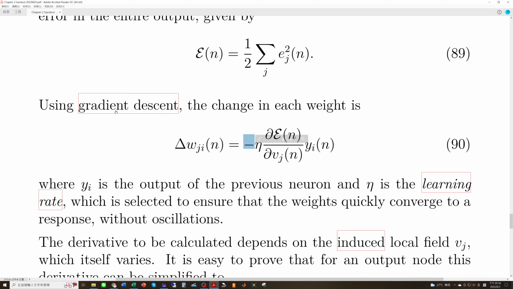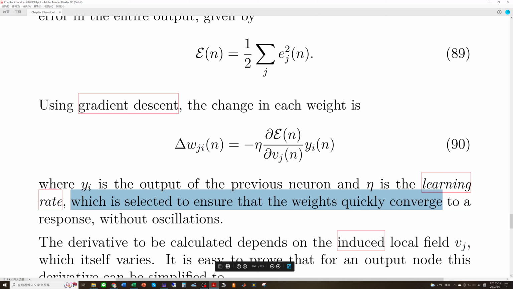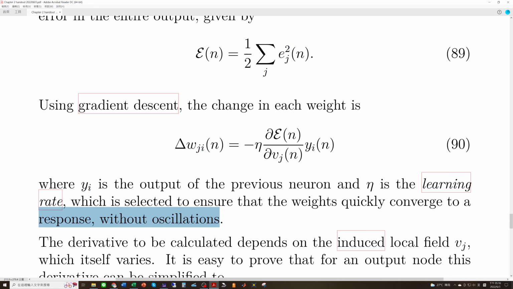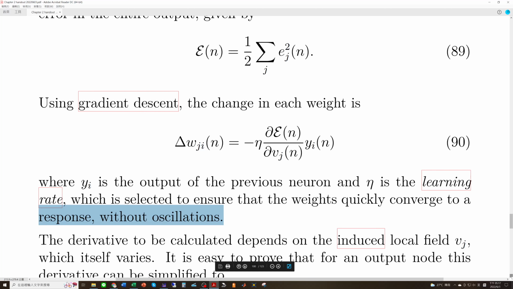Because it is gradient descent, which is selected to ensure that the weights quickly converge to a response without oscillations. We always hope that our algorithm will converge quickly, not oscillate.